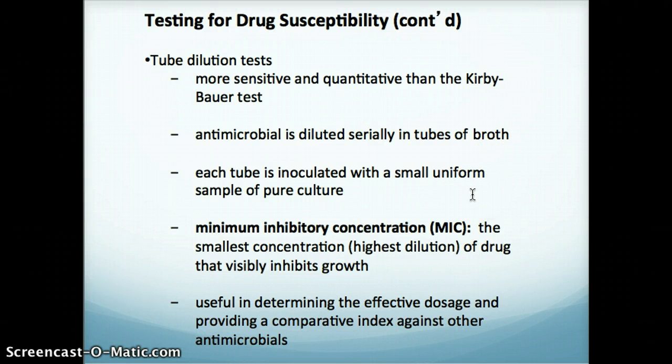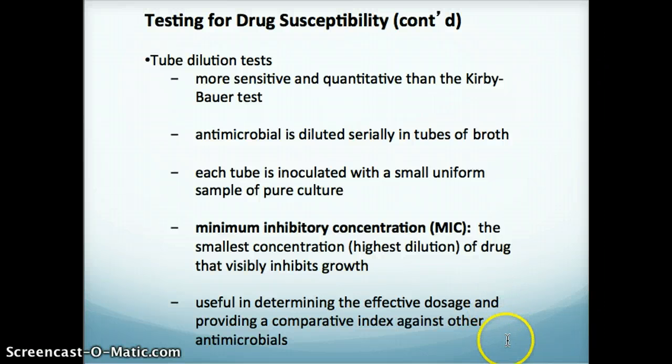Each tube is inoculated with the same amount of a pure culture, and we end up looking for what is called a MIC, or the minimum inhibitory concentration. This is the smallest amount of the antimicrobial drug, so the highest dilution of the drug, that can actually visibly inhibit growth. So we're looking for the lowest possible amount of that drug that will still inhibit growth.